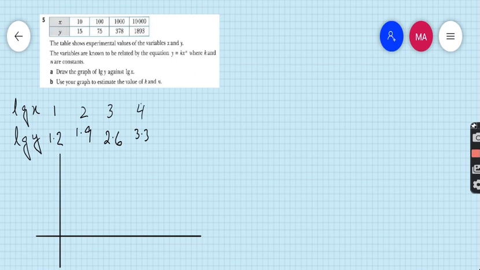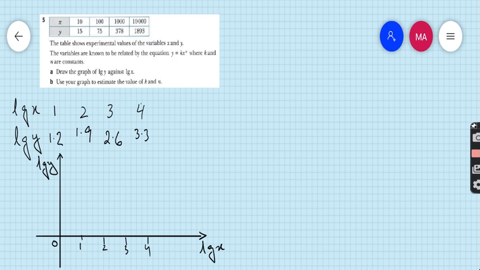On the x axis we have to plot log x, and on the y axis we have to plot log y. The values of log x are 1, 2, 3, 4. I am taking 4 squares as 1 in order to get a large graph.